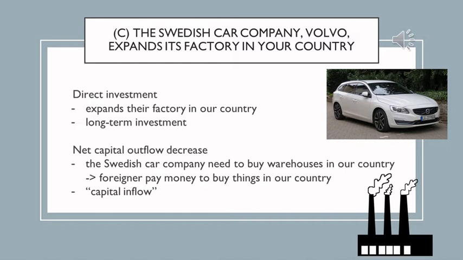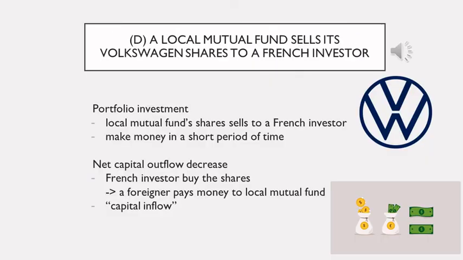For the situation of Part D, a local mutual fund sells its Volkswagen shares to a French investor. It is a portfolio investment as it sells the Volkswagen shares to a French investor and uses it to make money in a short period of time.